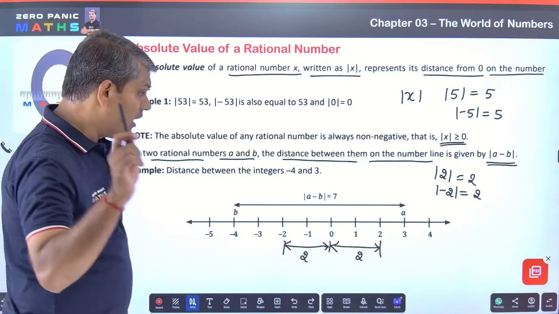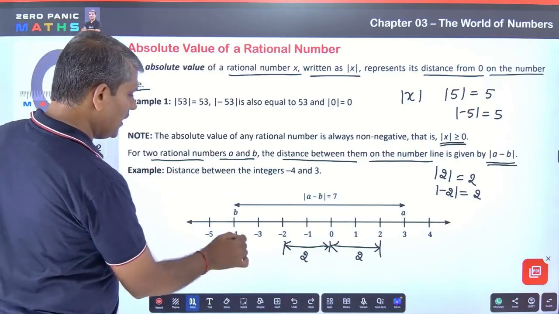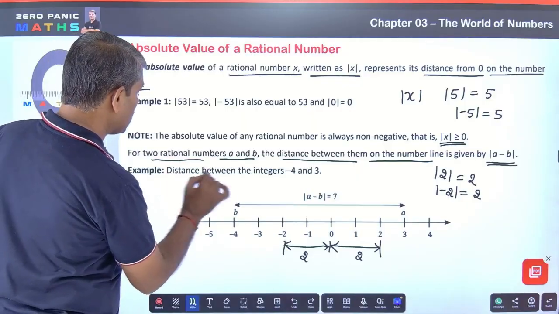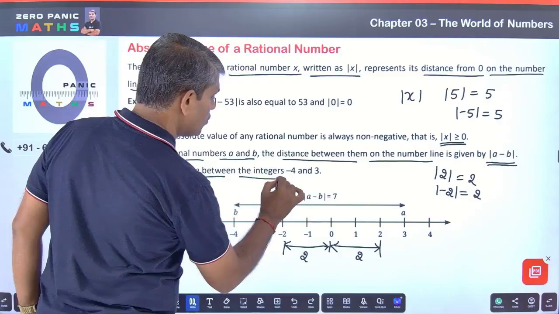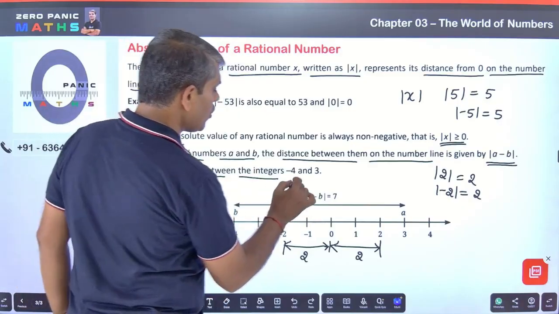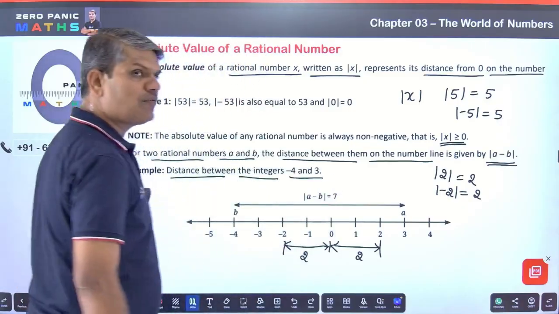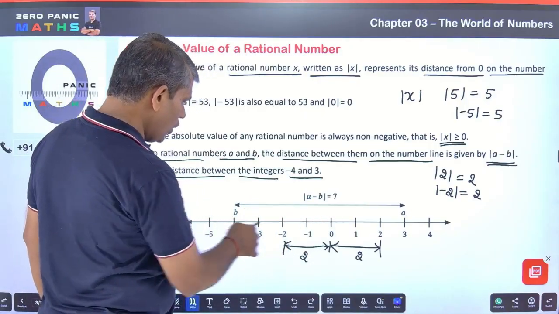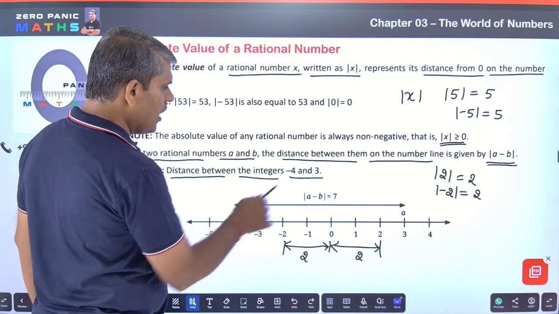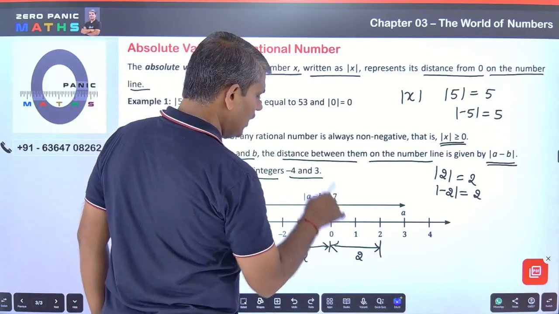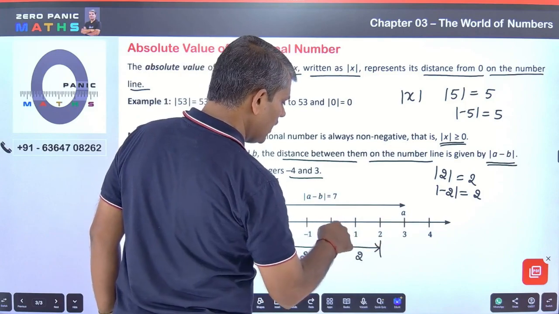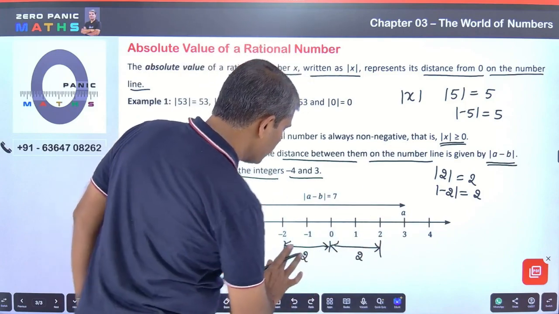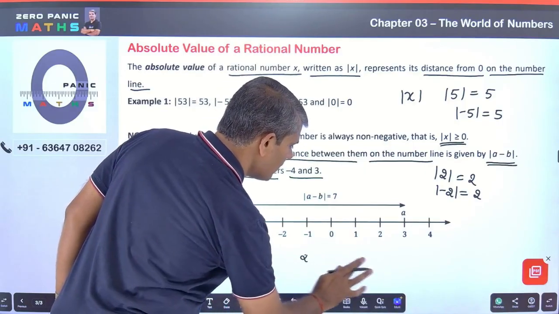Now listen to me carefully. The example given is finding the distance between two integers or fractions, say minus 4 and 3. Minus 4 is 4 units left of 0, and 3 is 3 units right of 0. Let me write this.